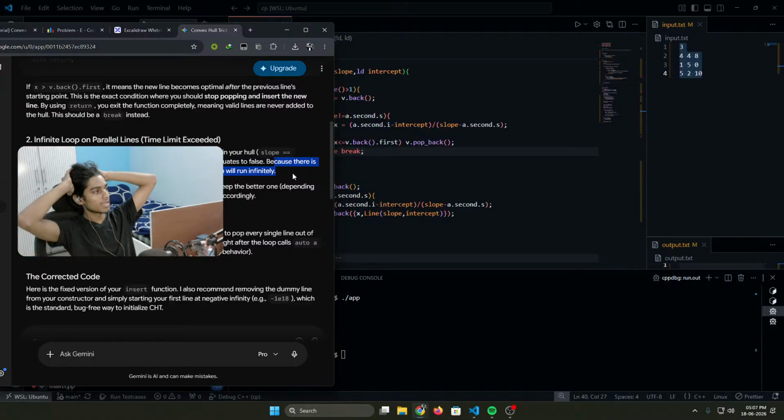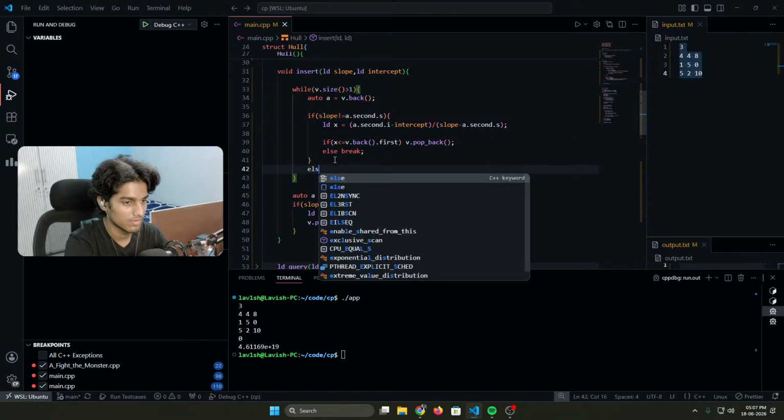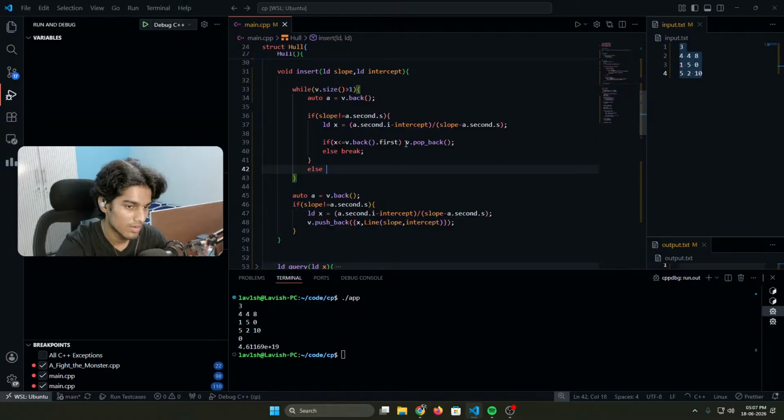So if I get exactly the same line, I think I should just pop, no? And I can add this new one. But what is the guarantee? Intercept is also in increasing order, so no, I don't. Wait.